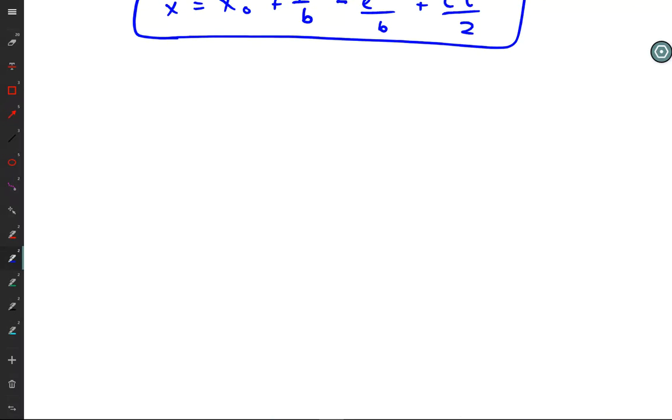So now let's go the other way. If I want to find the acceleration, how do I find acceleration from speed?